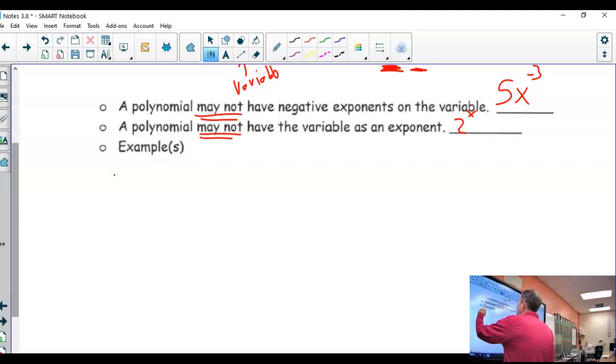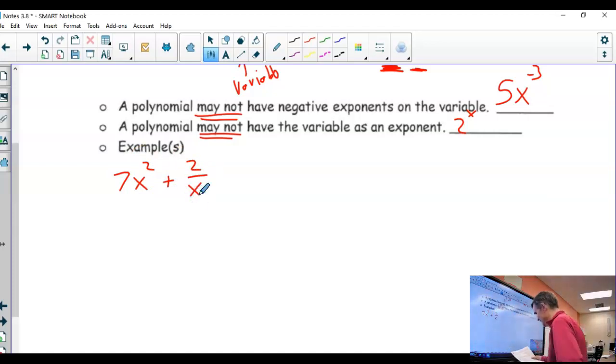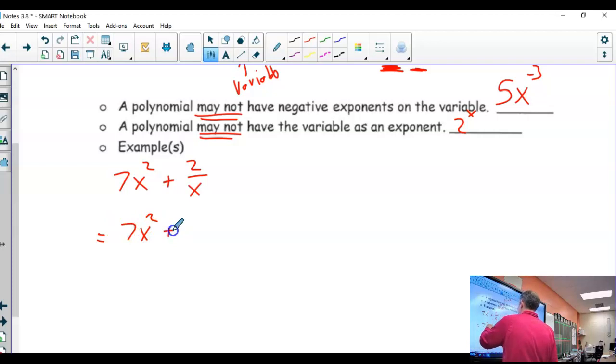So perhaps you have 7x squared plus 2 over x. All right, this is not a polynomial because actually this equals 7x squared plus 2x to the negative first.